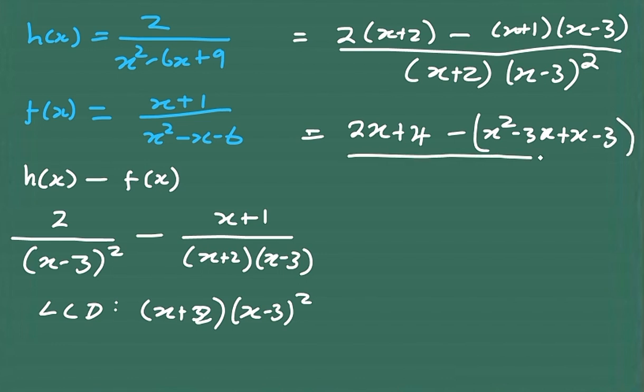All this is being divided by x plus 2 times x minus 3 all squared.